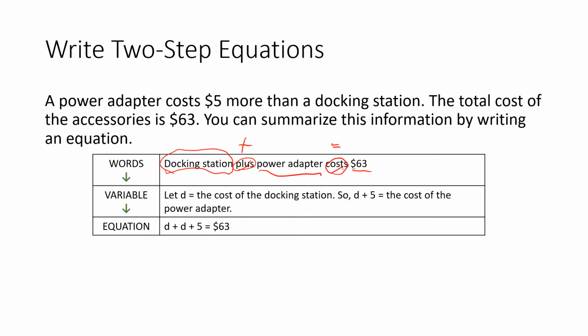So if we let D stand for the cost of the docking station, then we know that the power adapter costs $5 more than the docking station. So the power adapter is going to be docking station plus 5. So we're going to do plus another D and then plus 5. And we know that that's going to equal 63.